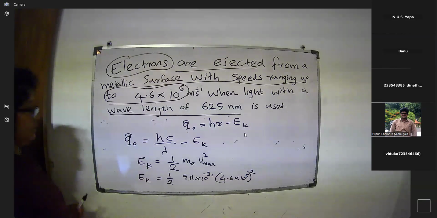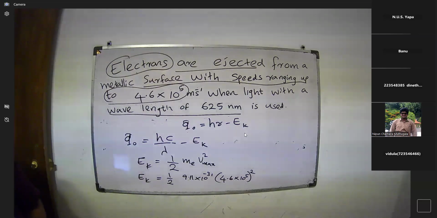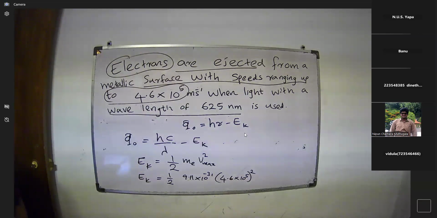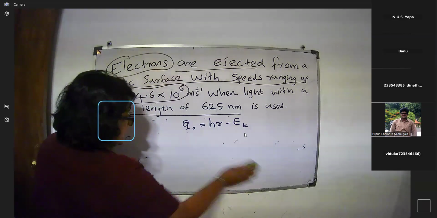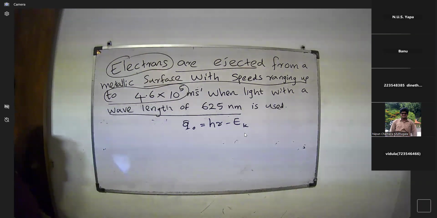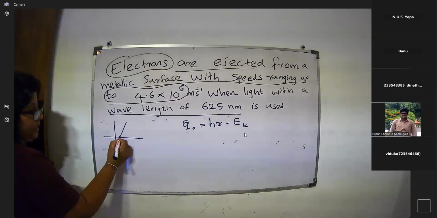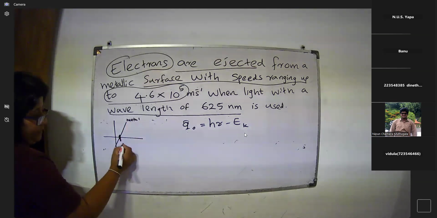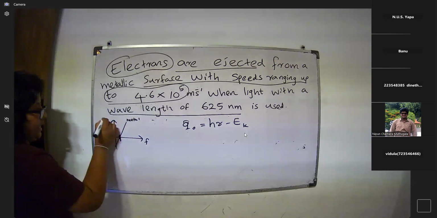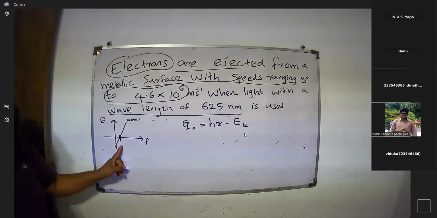Okay. Then next one, what is the cutoff frequency? I think you remember the graph. At the cutoff frequency, what happened to the kinetic energy? This is the related graph: for one metal, this is the cutoff frequency and Ek. At the cutoff frequency, kinetic energy goes to 0.